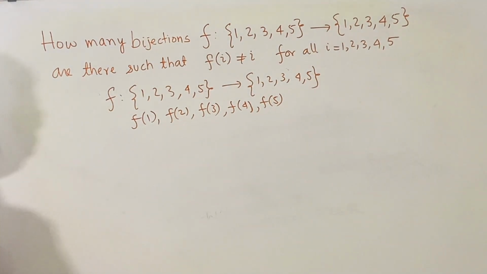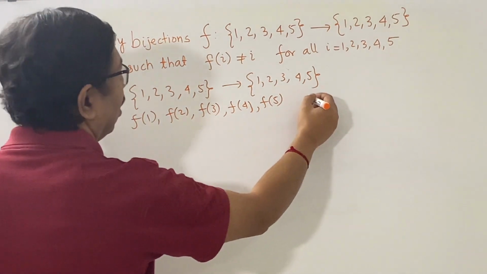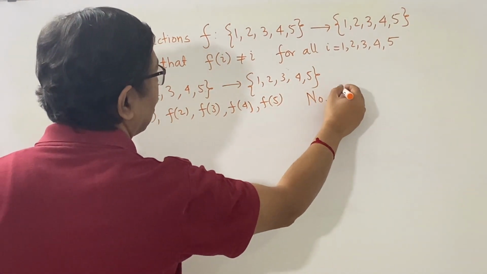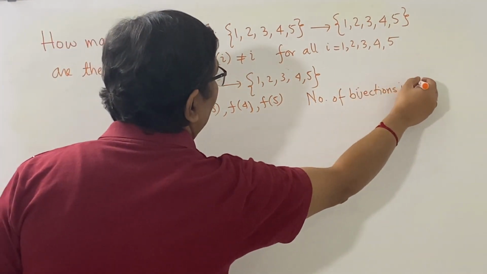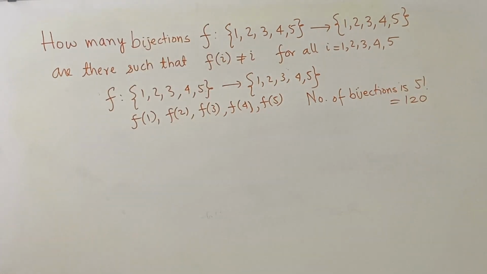So how many permutations are there? We know that the number of permutations of 5 objects is 5 factorial, which is 120. So 120 bijections are there, out of which how many satisfy the condition that f(i) is not equal to i? This is what we are going to study.